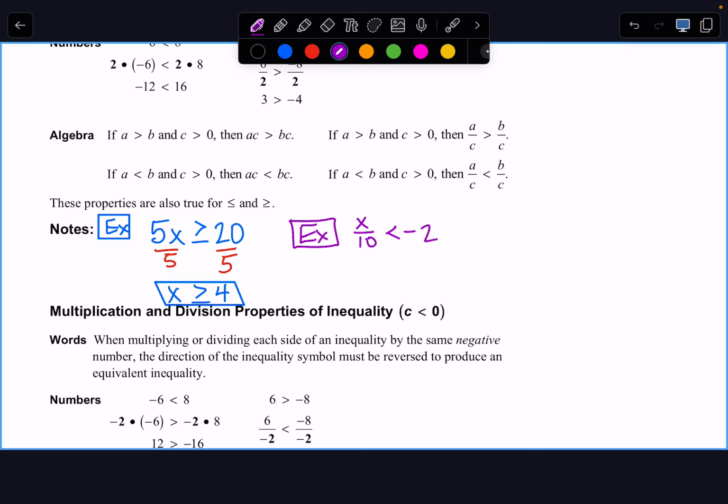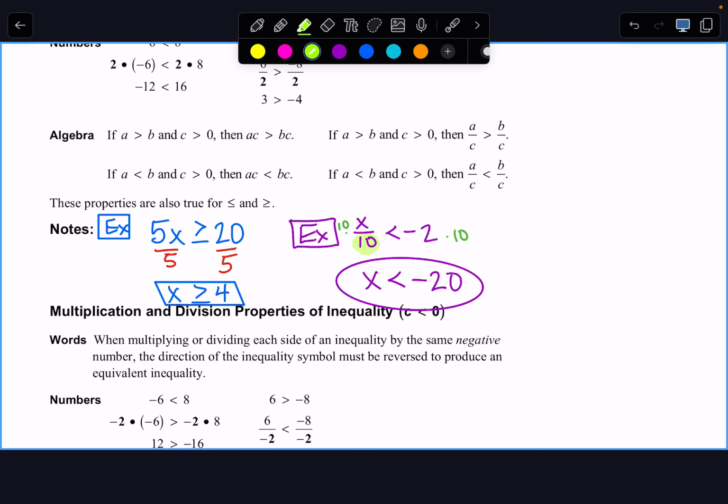Since we are dividing by 10, to undo it, we would need to multiply by 10 to each side. So we get x is less than negative 20. Is the number we are multiplying by positive? Yeah, this guy is positive. That's what matters. Okay?